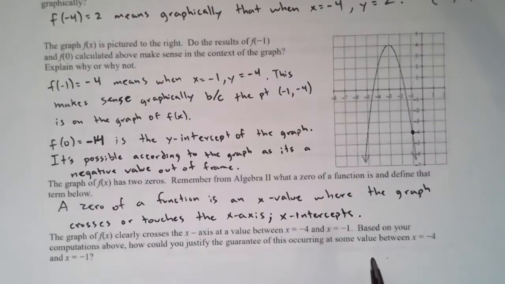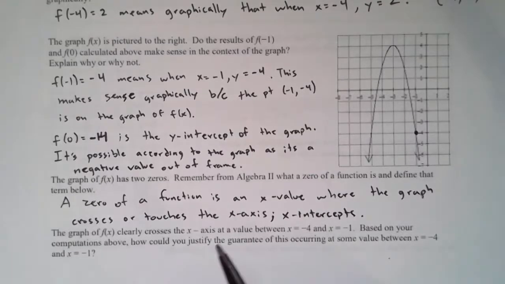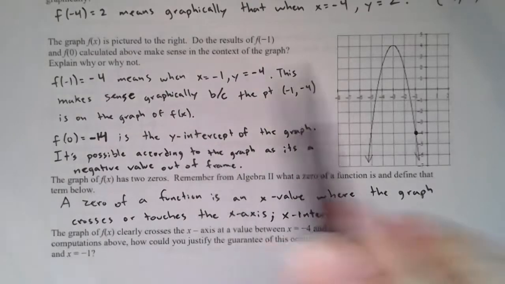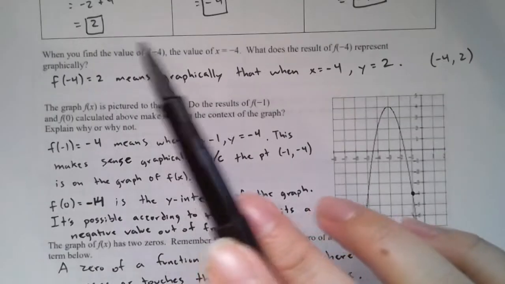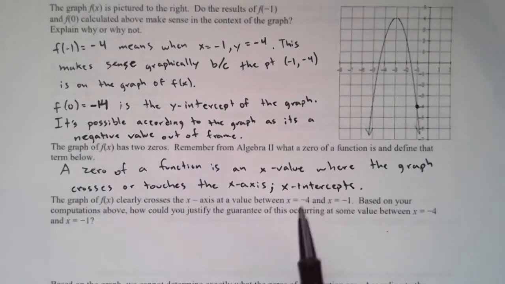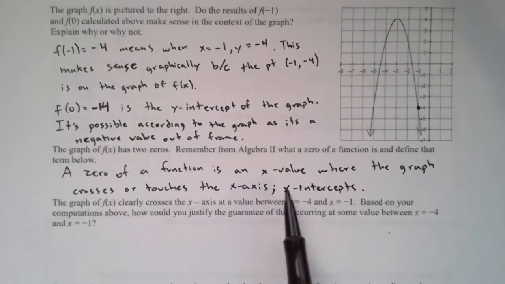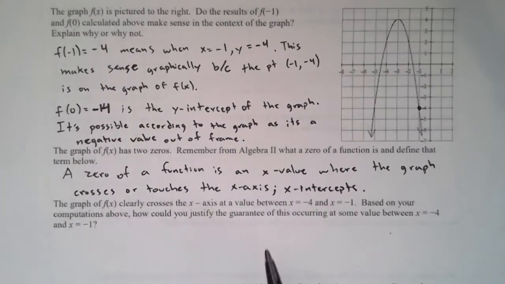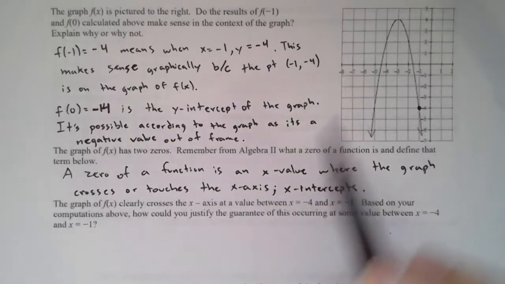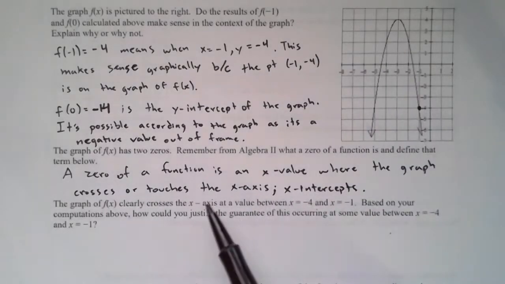Based on your computations above, how would you justify the guarantee of this occurring at some value between x equals -4 and -1? So using the computations we have here on top, we have 3. In particular we're taking the -1 and the -4. How can we use that information to guarantee that the graph of f of x crosses the x-axis between those values?